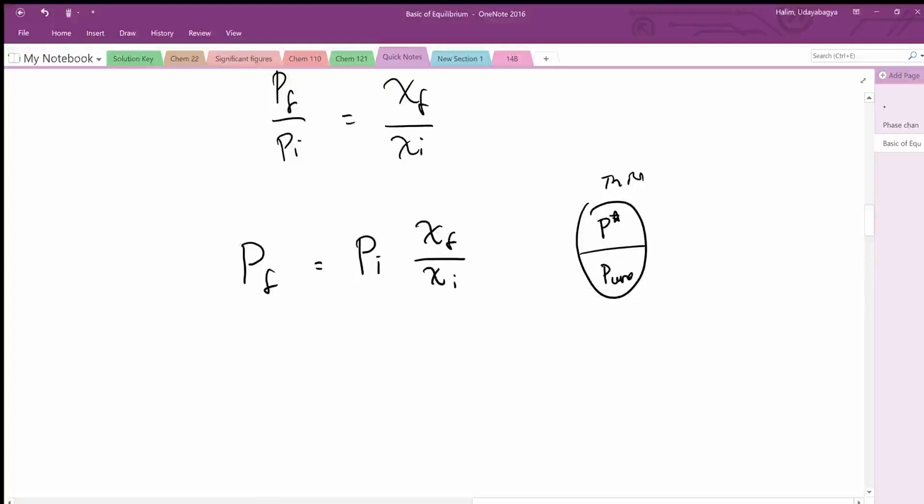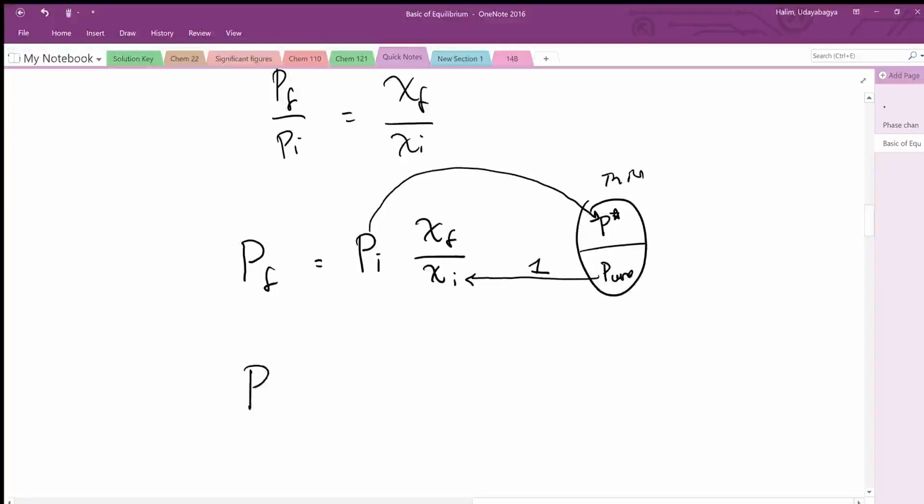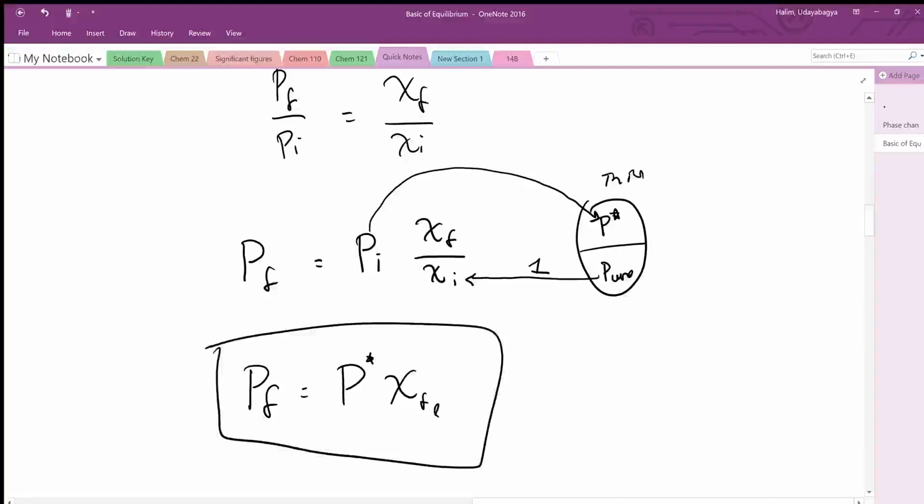Right? So if my liquid is pure, my initial mole fraction is just going to be equal to 1. And if my gas is pure, then the initial vapor pressure is just the pure, or the P star here. So P final is equal to P star times the final mole fraction of the liquid. That is the derivation of Raoult's law.